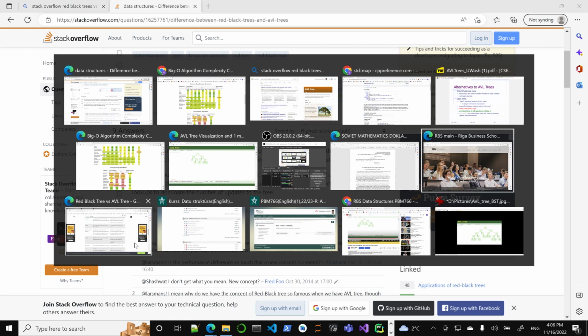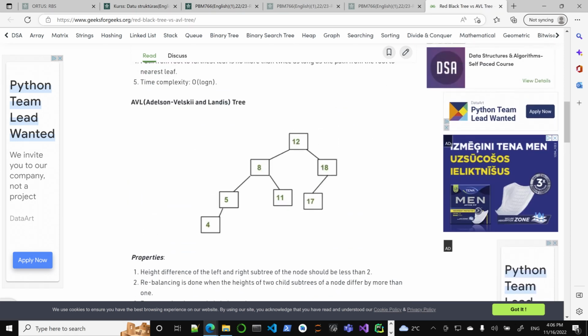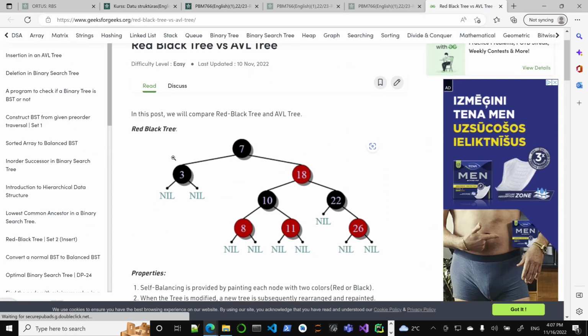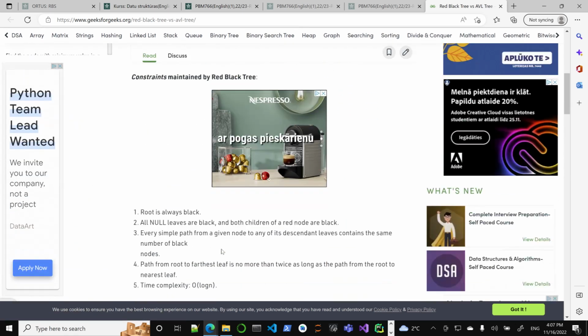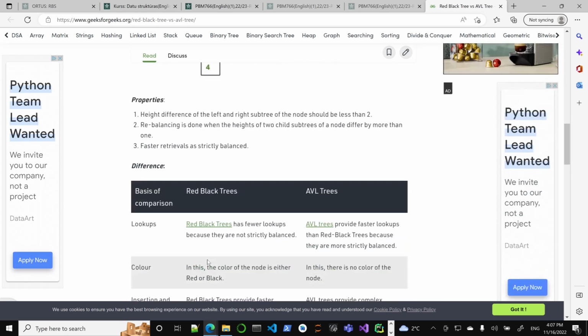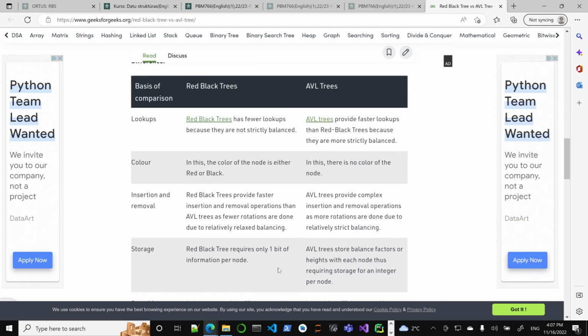But so again, GeeksforGeeks. Sometimes they're good, sometimes they're not so good. They have a pretty nice comparison of AVL trees versus red-black trees. Remember, red-black trees have these coloring bits, so a red-black tree only needs 1 bit.